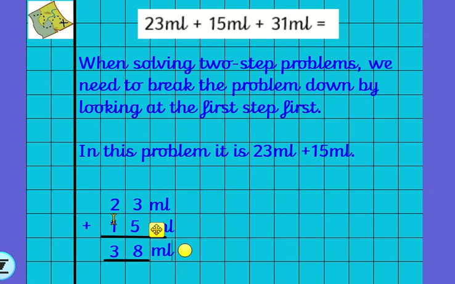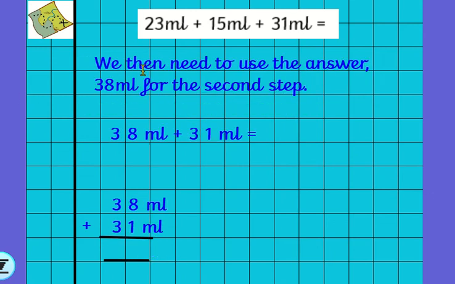Okay, so that's the first part of the problem. Now, that information that we've got there, we now need to carry through to the second part of our problem. So we've dealt with that bit, we're now going to deal with this bit and the total of this bit. And for this one, it would be 38 millilitres, which is the total of those two, add 31 millilitres.